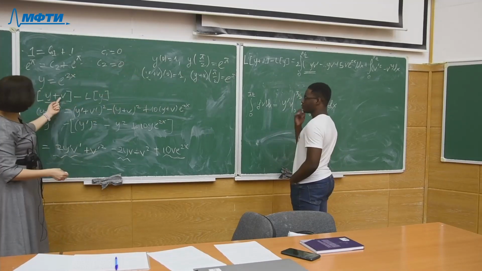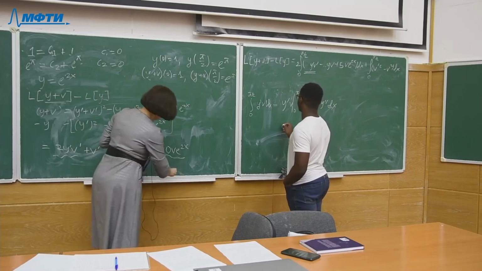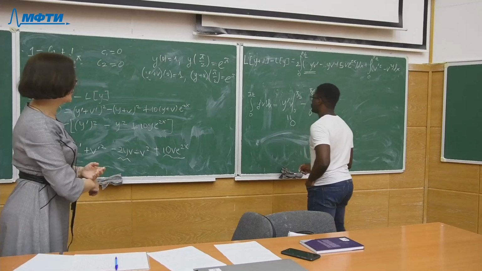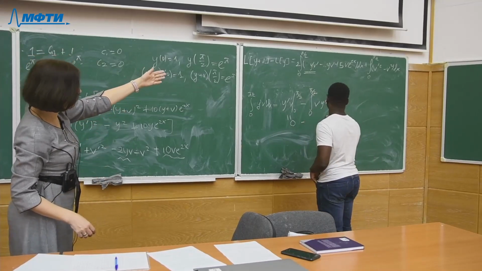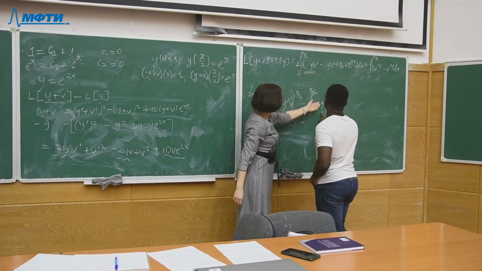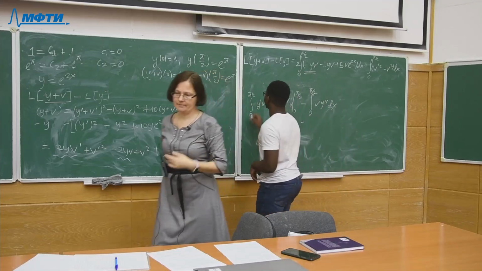So this means that v of 0 is 0 and v of pi half is 0. And we can replace the underlined term by this. And this will lead us to the Euler Lagrange equations.